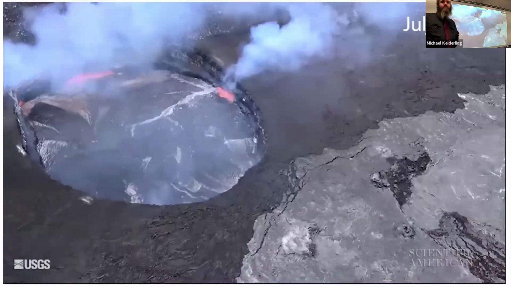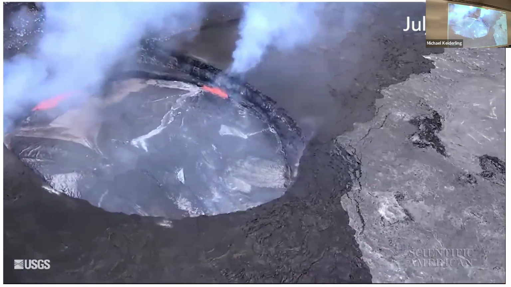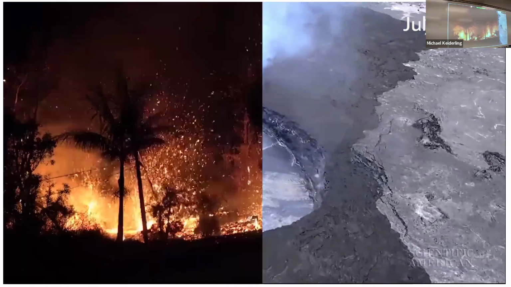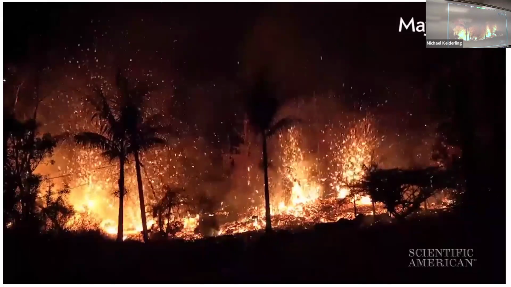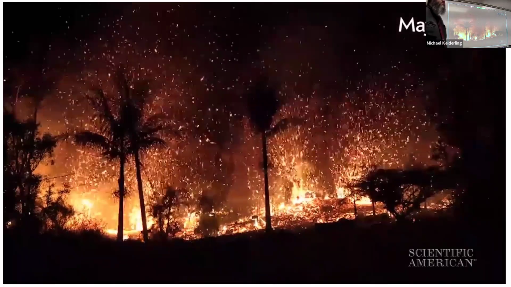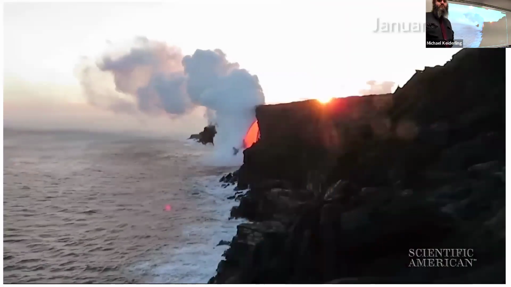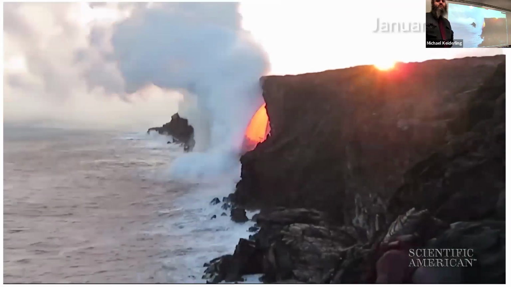A lake of liquid lava can sometimes be seen at the top of active volcanoes like Kilauea. Sometimes the magma can flow underground to the sides of the main vent and erupt out of cracks in the ground called fissures. When lava meets ocean, the island grows, but you may not want to get too close.